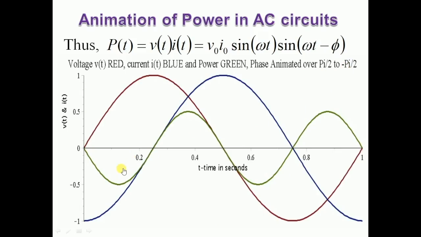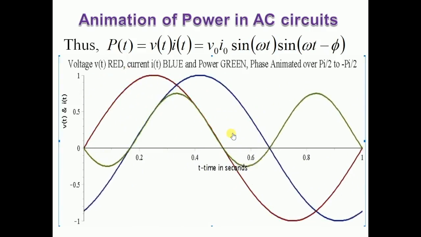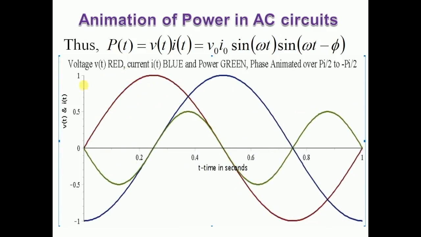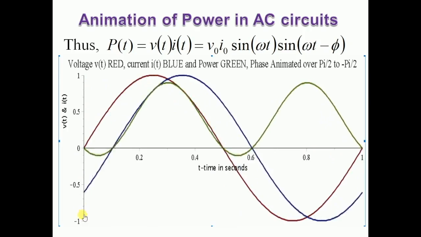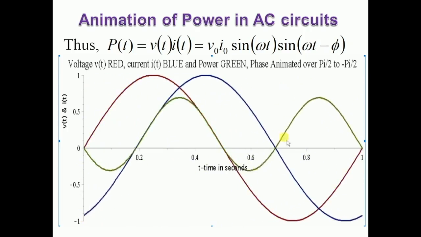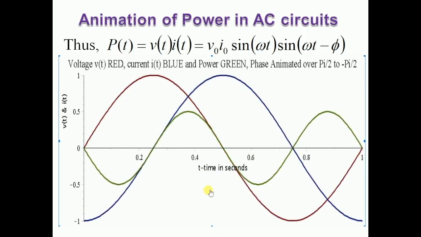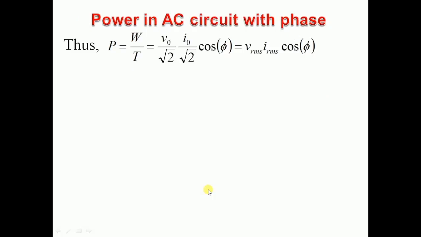I want to show you that animation again, and as it rolls from plus pi by 2 to minus pi by 2, this blue curve, and you can see how the green line indicating the power in the circuit rolls up.